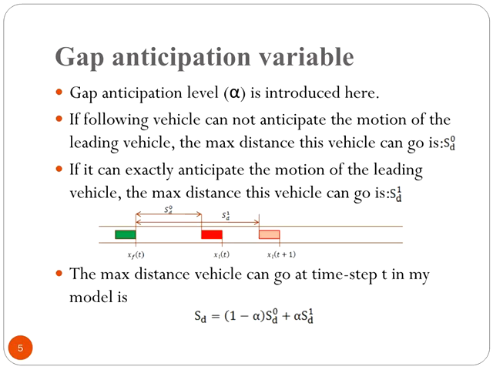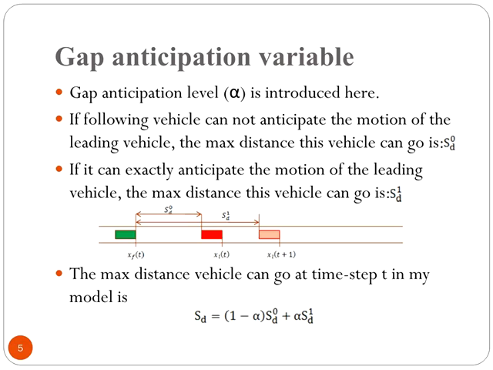Here, the green one is the following vehicle, and the red one is the leading vehicle at time t, and the leading vehicle will move in one time step. The pink one shows the location of the leading vehicle at time t+1. When no anticipation is considered, the maximum distance the following vehicle can drive is SD0, which is the available gap between the two vehicles.